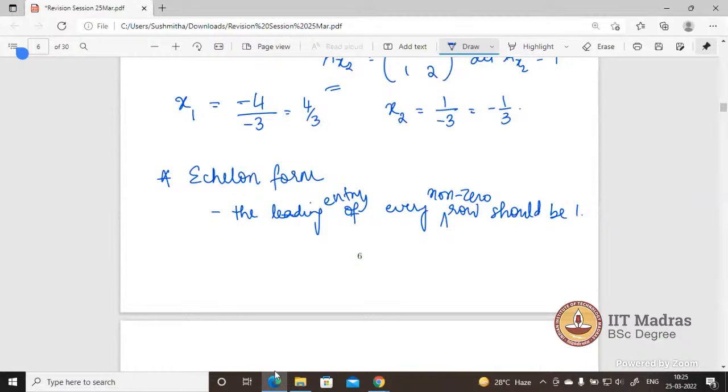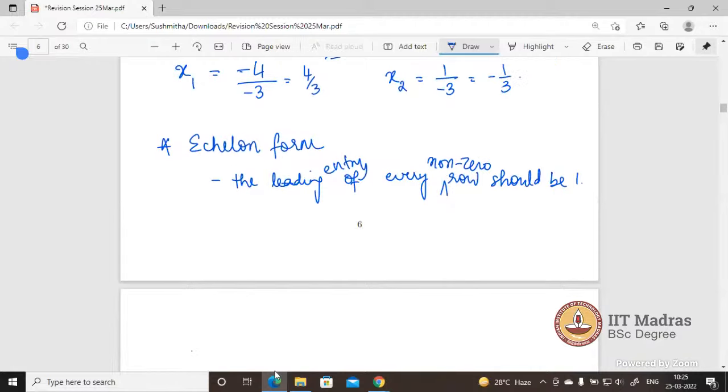If you take a row, only if it has non-zero entries can we talk about the leading entry. So you want the first non-zero entry of every row to be 1. The leading entry means the first non-zero entry, and that has to be 1.